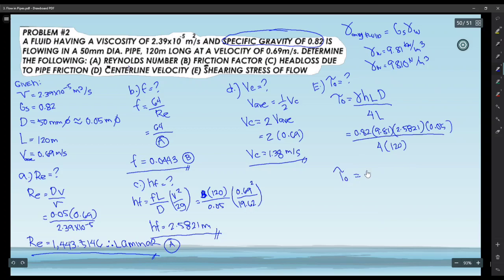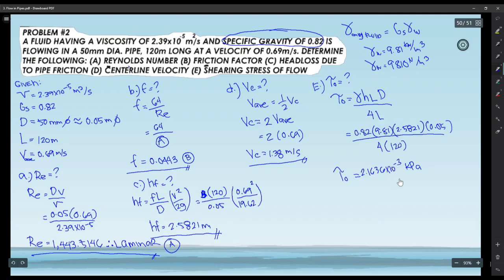So what will be the answer? So again, the answer will be in kilopascal. So pindutin ulit natin 0.82 times 9.81 times 2.5821 times 0.05 divided by 4 divided by 120. So ang sagot ko dito, is maliit nga, no? Is 2.1636 times 10 to the negative 3.